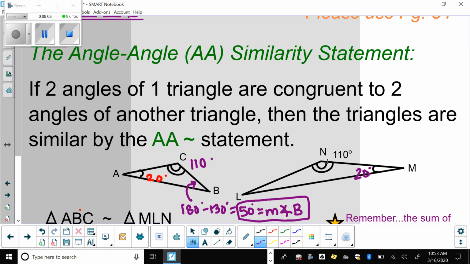But if you think about it, if angle N is 110 and angle M is 20 degrees, that too adds up to 130, and therefore angle L is congruent to angle B. So this is how a similarity property works. If you can get 2 out of the 3 angles in any triangle to be congruent, you don't really need to prove the third one. It's kind of additional work. It's unnecessary. So by AA similarity, I know that angles B and L are also going to be congruent.